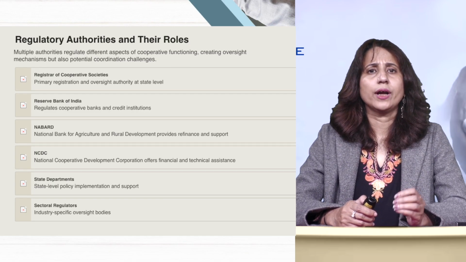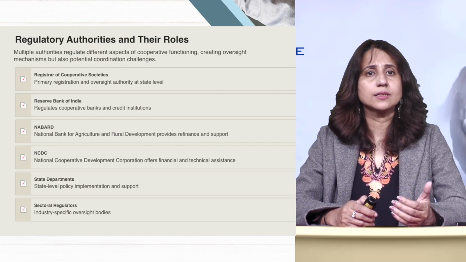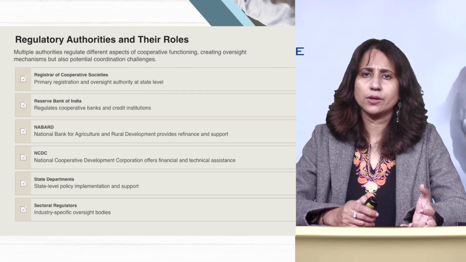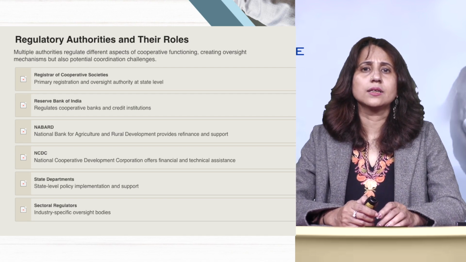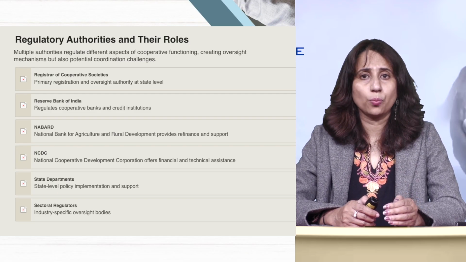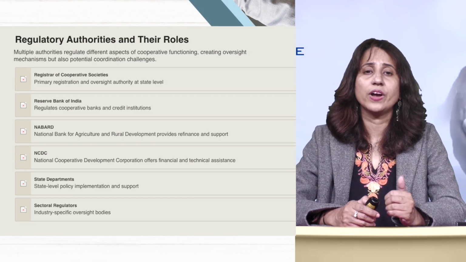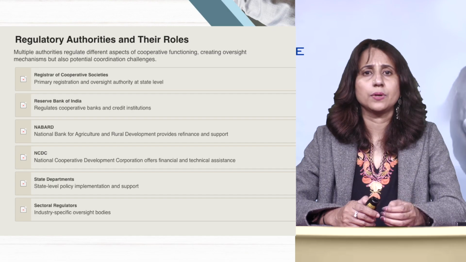Then the National Bank for Agriculture and Rural Development, NABARD, that I have already mentioned. NABARD supervises and refinances rural credit cooperatives, including primary agriculture credit societies and district central cooperative banks. Then there is NCDC, the National Cooperative Development Corporation, that provides financial assistance to cooperatives for various purposes, including working capital, project loans, and capital investment.